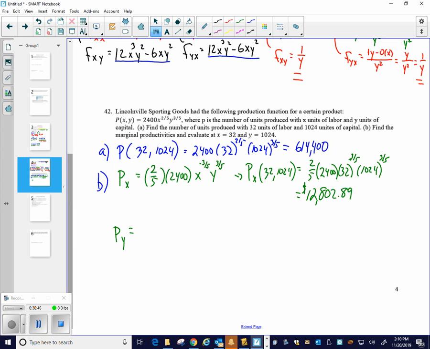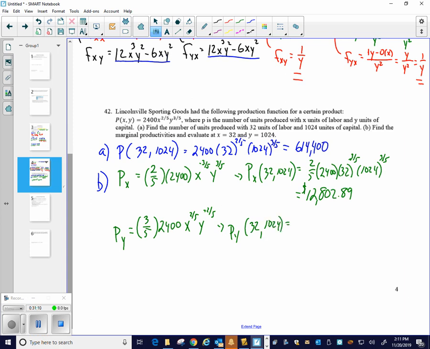So bring the 3/5 from the y to the front, multiply it by the 2400, keep the x the same, but reduce the power of the y by 1, so that would now be to the negative 2/5. And then I need to figure out what the marginal is at 32 and 1024.